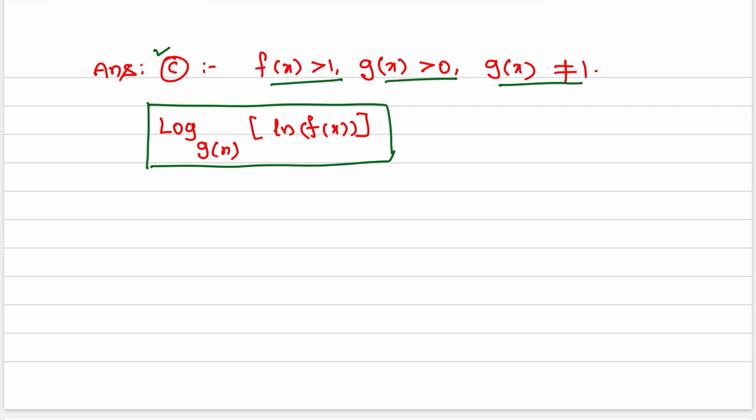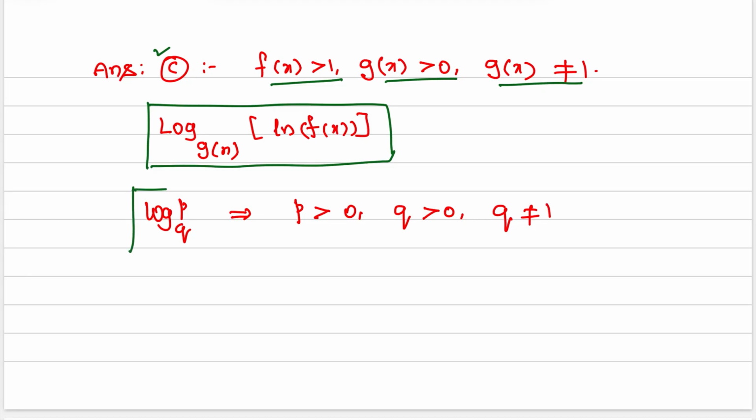With this, I wanted to conclude this lecture. Even though it's a small problem, it's a tricky problem. You should know the concept that for log p to the base q to exist, p should be greater than 0, q should be greater than 0 and q should not be equal to 1.